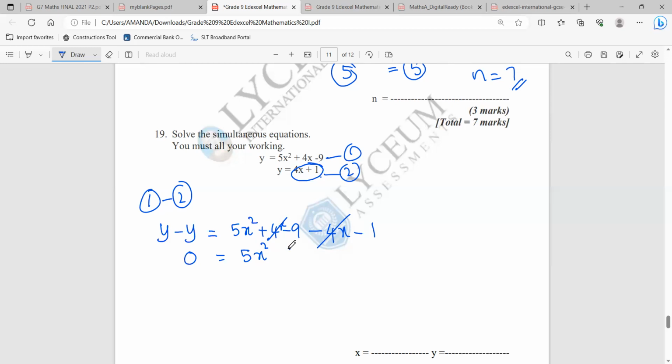Minus 9, minus 10. So 10 equals 5x squared, 2 equals x squared.